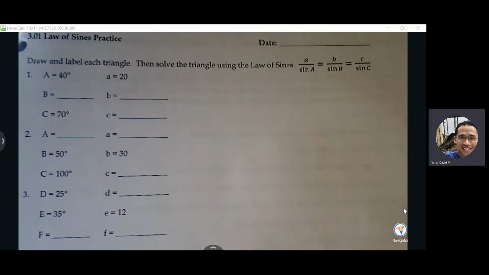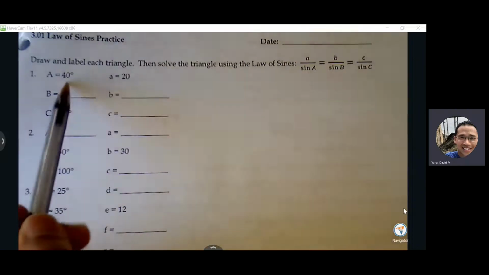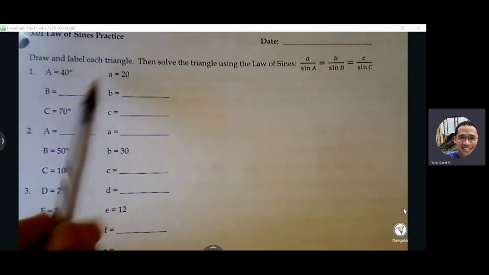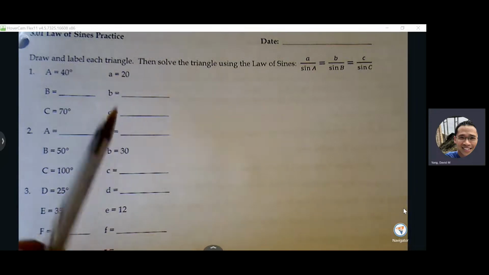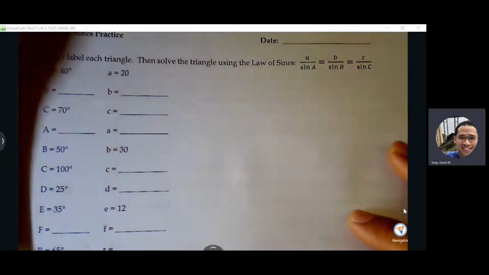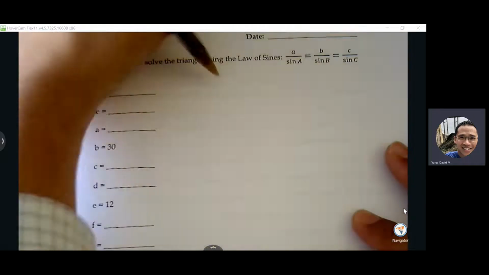Okay, so for number 1, we'll draw and label each triangle. Again, your triangle does not have to be accurate. As long as you have something to work off of, that's good enough.